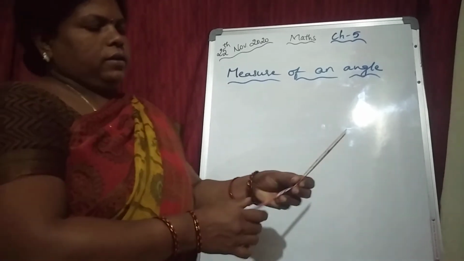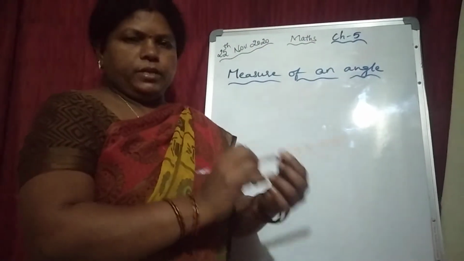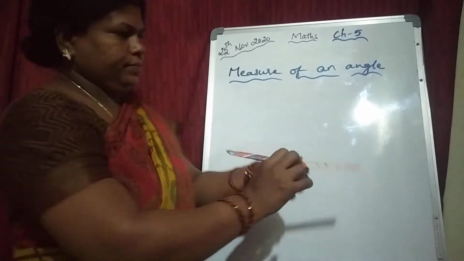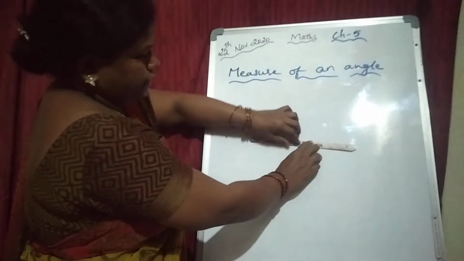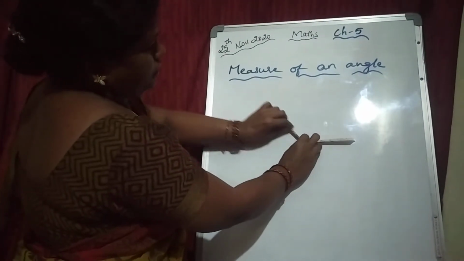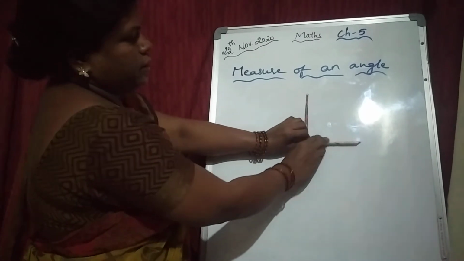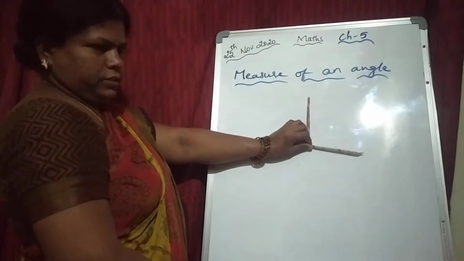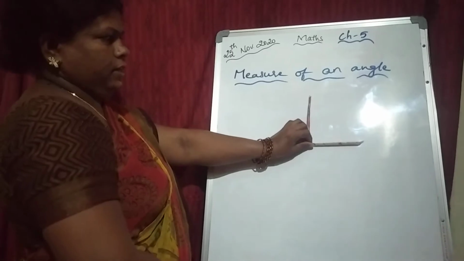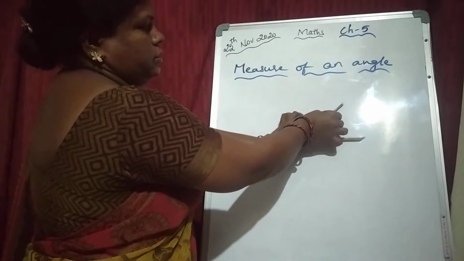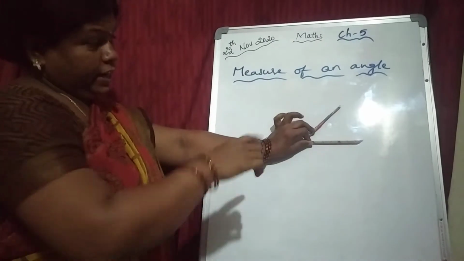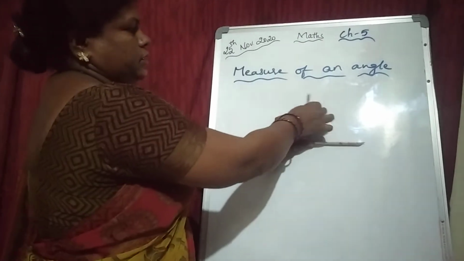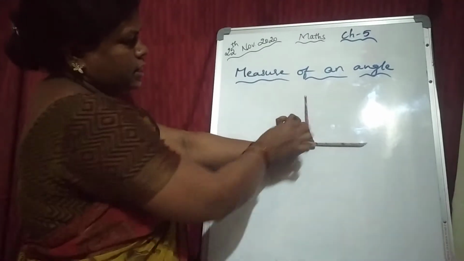Yes, student. Like if this is a table, this is a straight line. This is a right angle. This is an acute angle, less than 90. This is 90 degrees, a right angle.